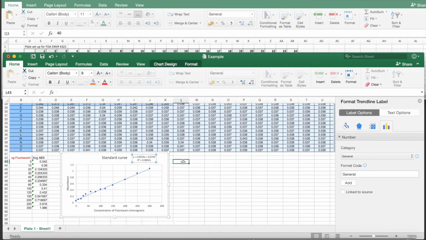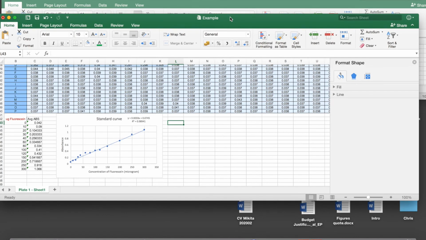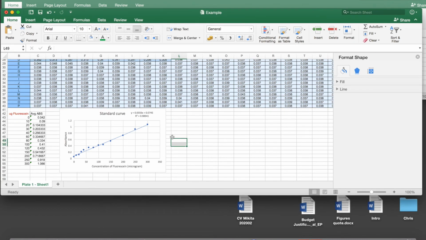And if you guys remember, when you're studying either chemistry or math, you have this equation. The y represents the values in the y-axis, absorbance, okay? The 0.0033 represents the slope of this curve, all right? The slope of this linear relationship. It's the angle of inclination.